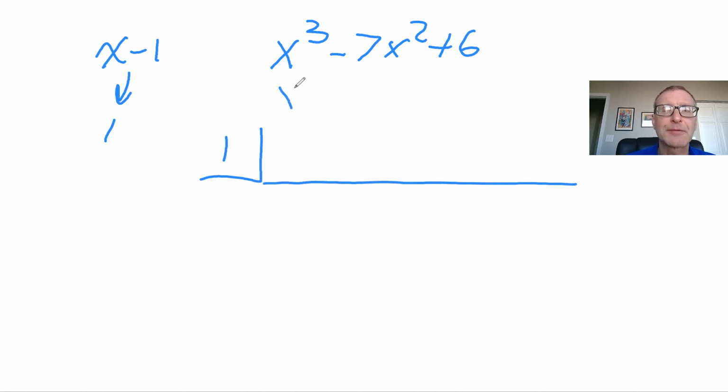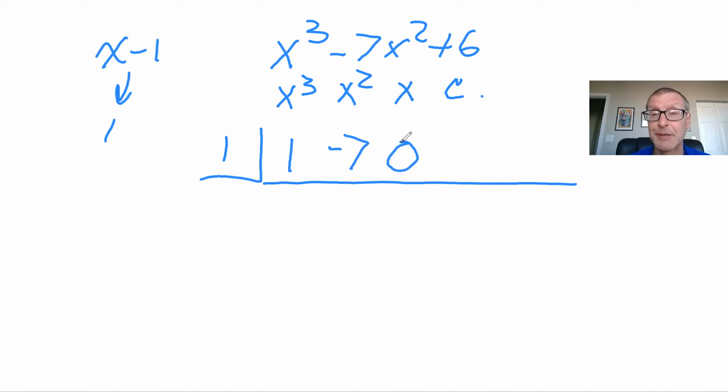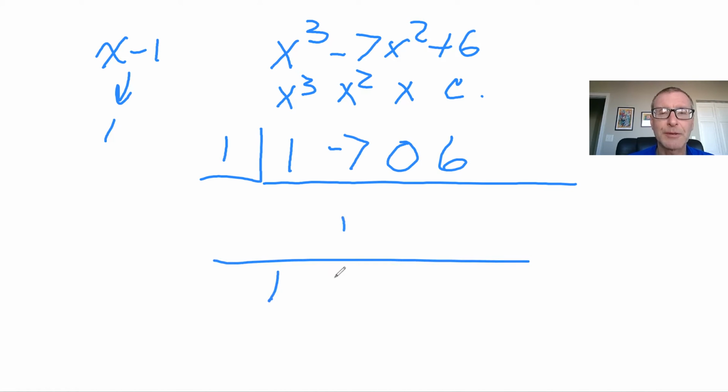So this is x cubed, this is x squared, this is x, and this is the constant. We have a 1, we have a minus 7, and you see we're missing the linear term here, so you have to put a 0 here. It will not work without that, which is why I wanted to do an example this way. Then we put the 6 there. Again, you bring down the 1. 1 times 1 is 1. That would be minus 6.